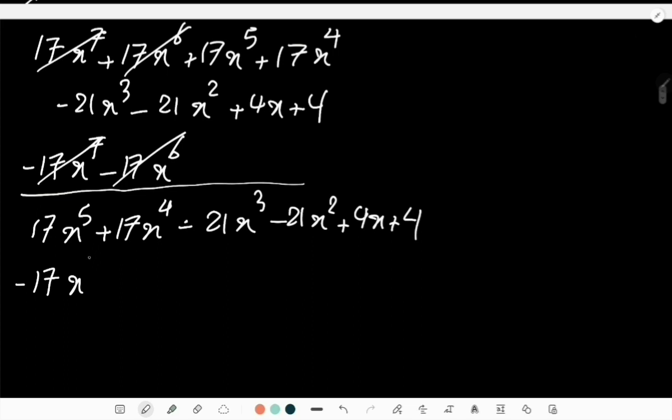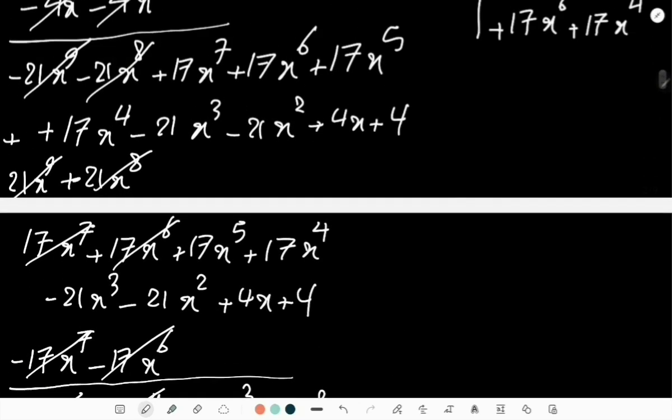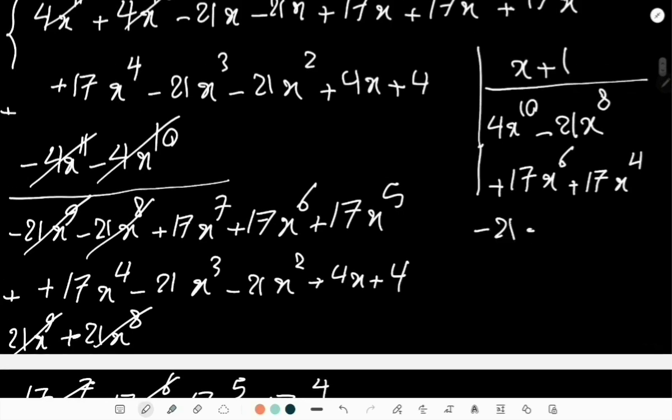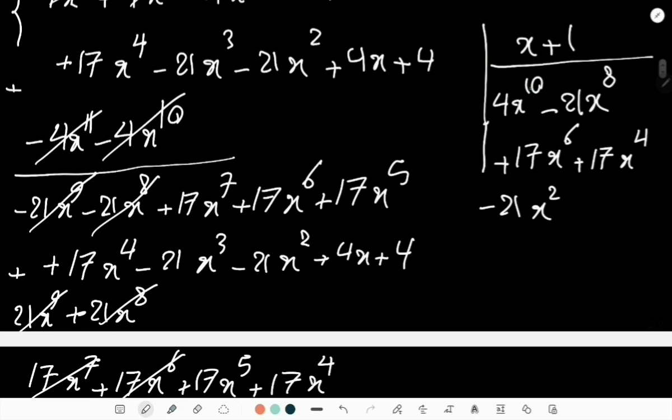And then the first two terms, as usual, are cancelled. So here, this is cancelled, this is cancelled. Then I have this. Good. We're getting there soon. It's not really difficult. 2 more operations. And then here I get minus 21x^2. So pay attention to the powers that jump 2 by 2.